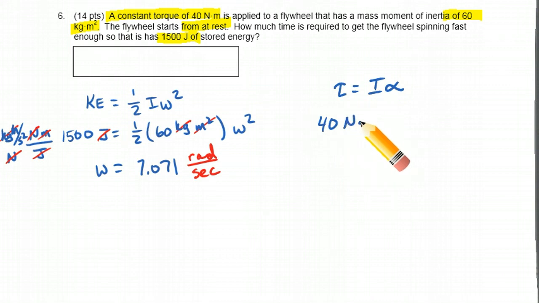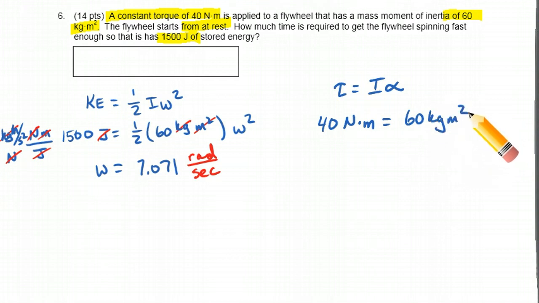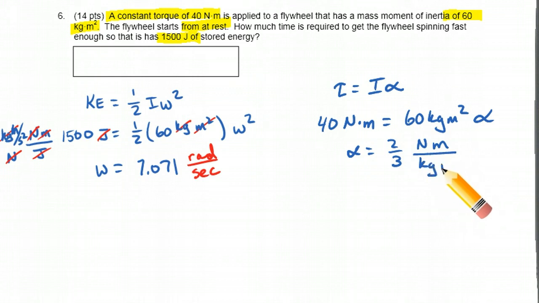So 40 Newton meters is equal to 60 kilogram meters squared times alpha. So alpha looks like it's about 2/3. Again, we'll look at the units here. Newton meter over kilogram meter squared, and a Newton is kilogram meter per second squared.